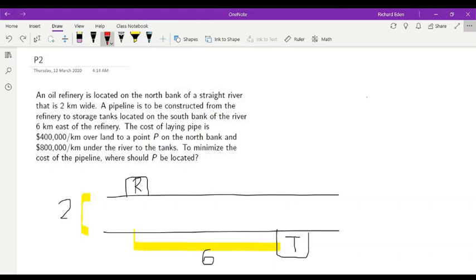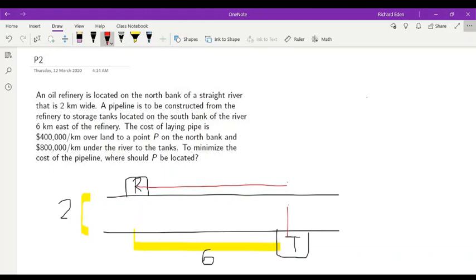An alternative would be to have it go all the way here, and then from this point across to T. So what this does is it minimizes the number of kilometers of pipe underwater, but then you might be spending too much on pipes overland.